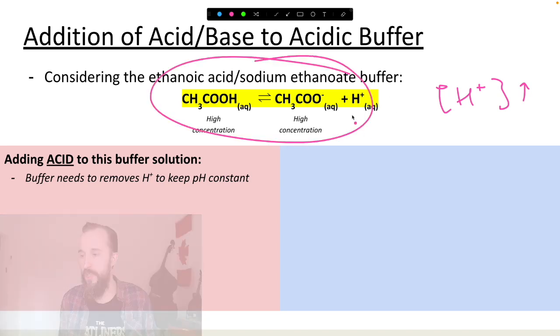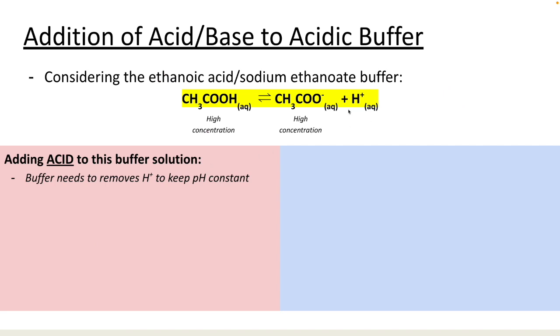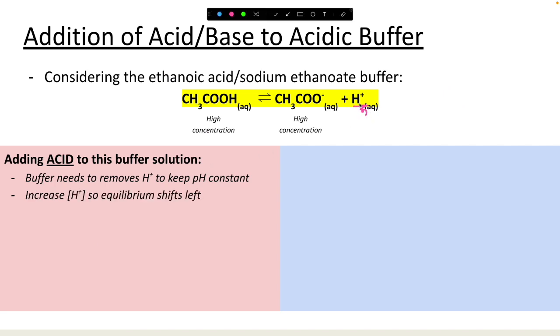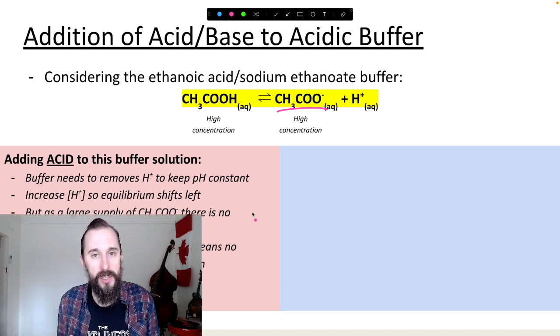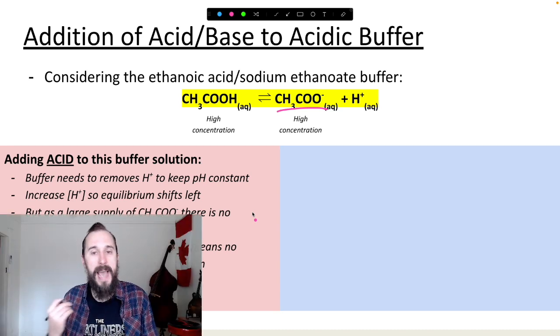Let's think in terms of Le Chatelier's principle. If we increase the concentration of hydrogen ions, the equilibrium is going to shift to the left-hand side, and it's subsequently going to decrease it and maintain that pH. But importantly, we have a very large supply of our ethanoate anion, so we have no significant change to its concentration as we add these small amounts of the acid in.